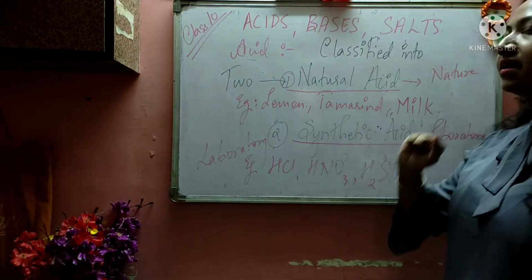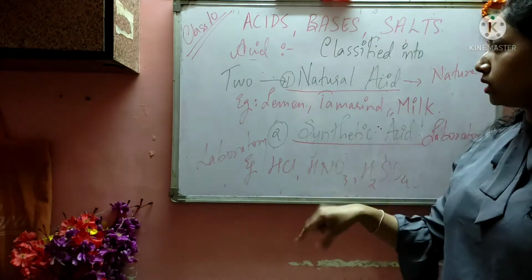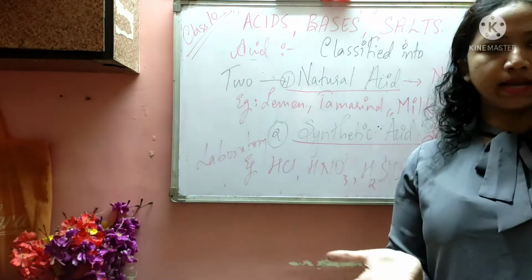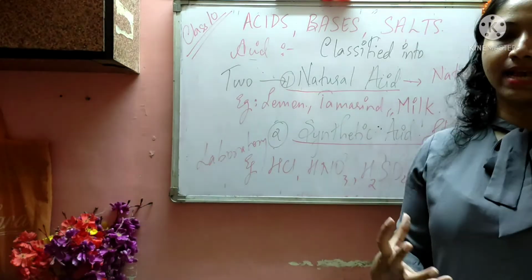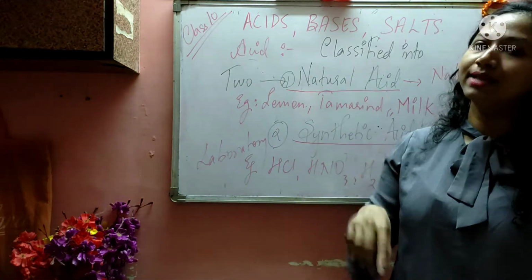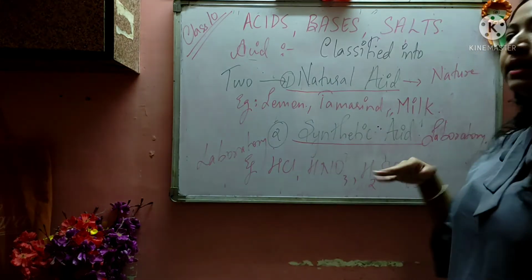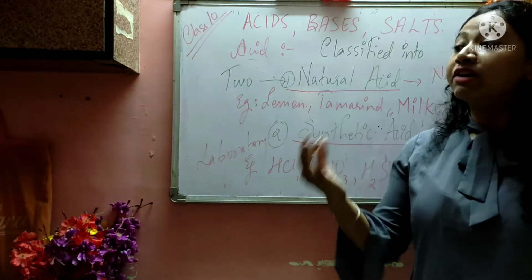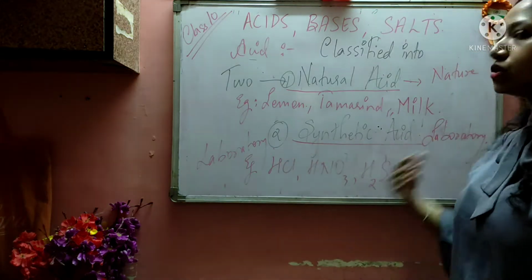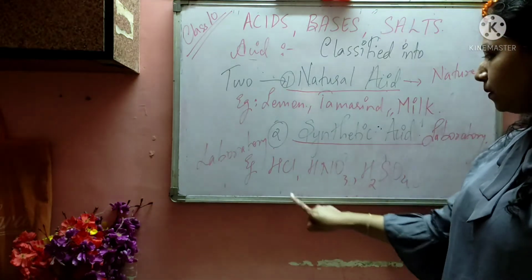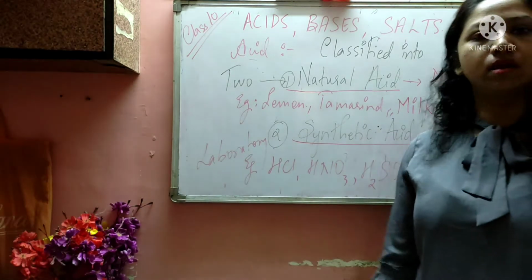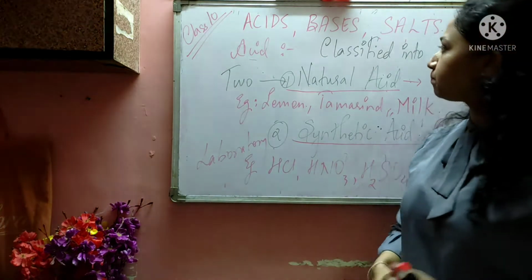Example: lemon contains citric acid, tamarind contains tartaric acid, milk contains lactic acid. Synthetic acid is the one which you prepare in a laboratory. Examples: hydrochloric acid, nitric acid, sulfuric acid.